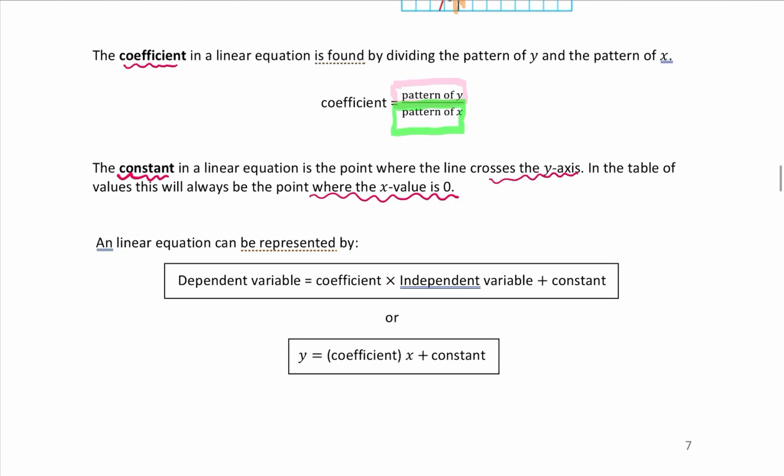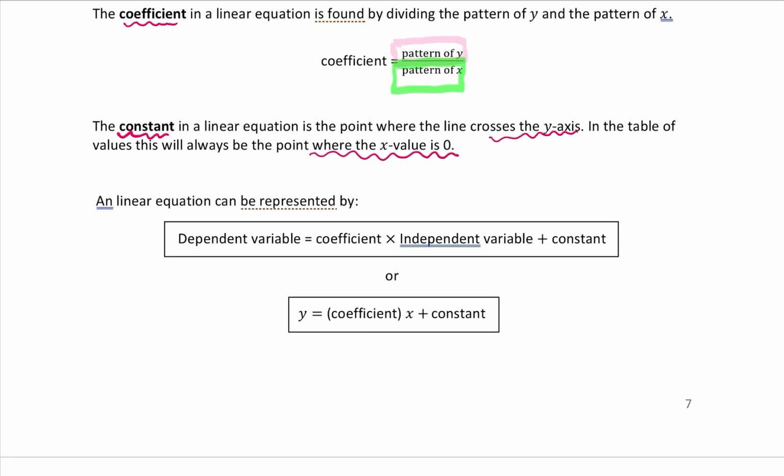So this helps us write an equation for any table of values without having to even graph it. So in linear, an equation can be represented by the following. You take the dependent variable first, which is always the second letter in your table of values. It will equal your coefficient times your independent variable, which is your first value, plus your constant.